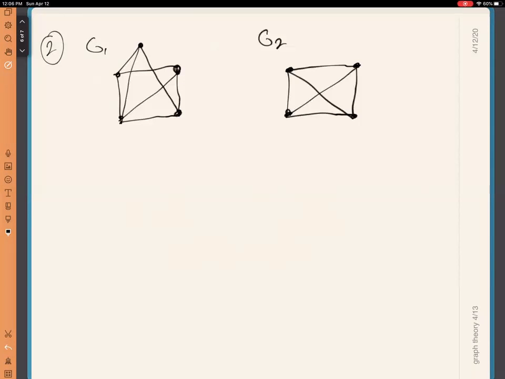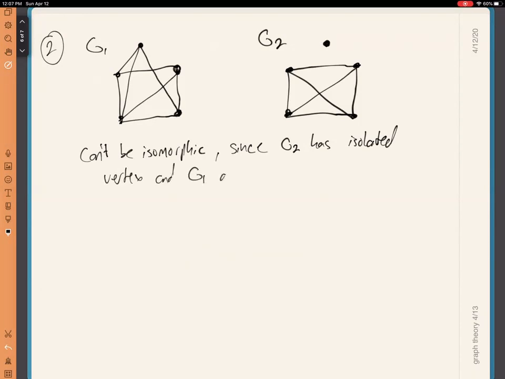It looks sort of similar, but maybe there's a vertex sitting up here alone. Well, these can't be isomorphic. Why can't they be isomorphic? If I look at G2, notice that there's an isolated vertex, but there's no isolated vertex in G1. What is the isolated vertex? It's just this. There are no edges connecting to it.